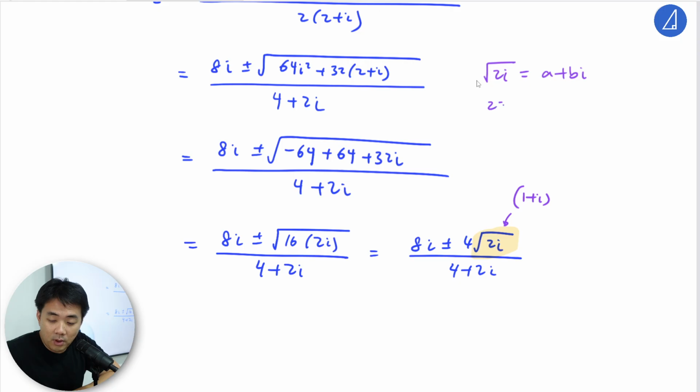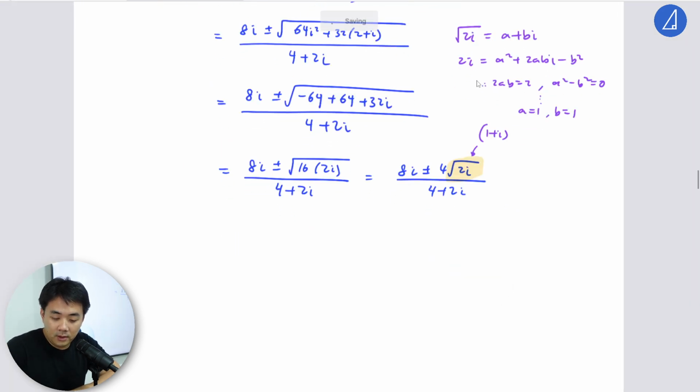Then you square both sides and compare. So 2ab equals 2, then a squared minus b squared equals 0. Then you solve and get a equals 1, b equals 1.